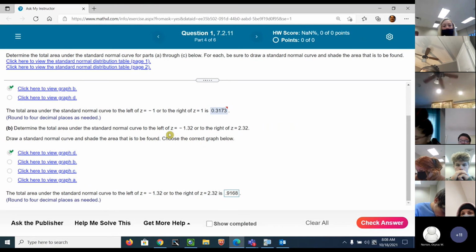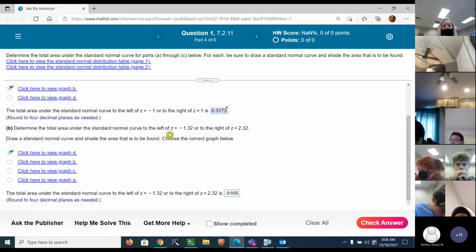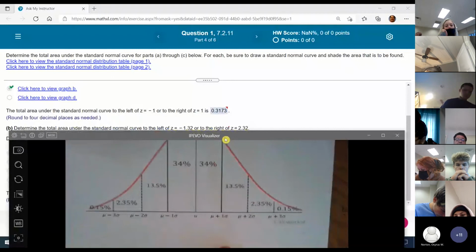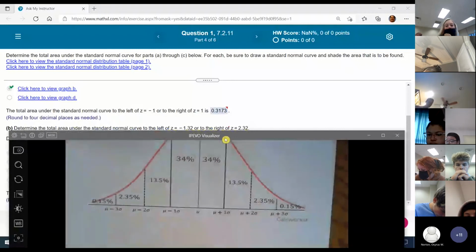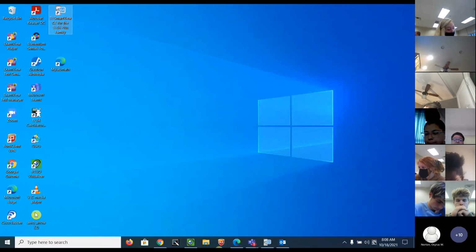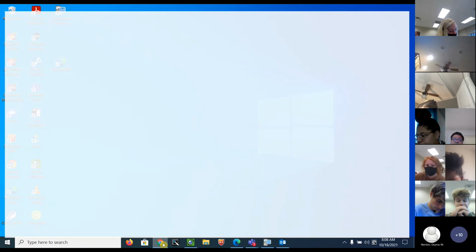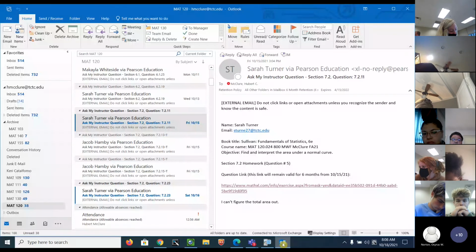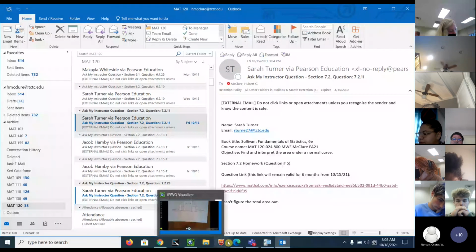So I'm going to take my handy dandy sheet. My computer just went kablooey.